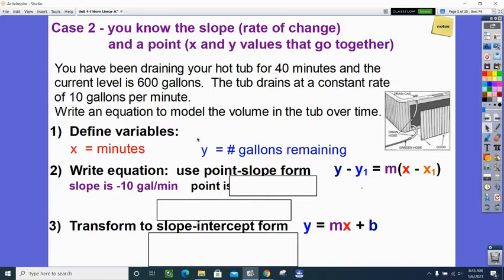Okay. So now the question is, what is this 40 minutes and 600 gallons? Is 600 the b? Can we just say y equals negative 10x plus 600? And the answer is no. So what we need to do is write a point from this other information. What is that point?